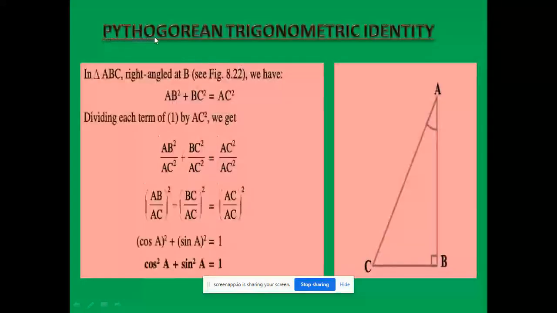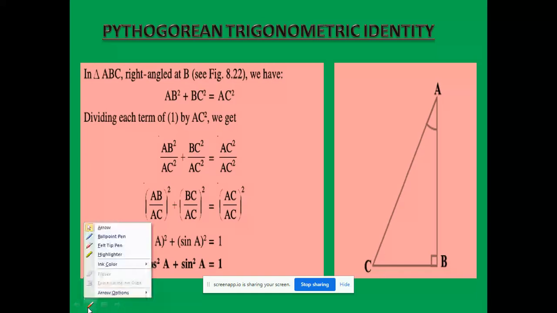Now, let us discuss the Pythagorean trigonometric identities. That is new to learn. So, take a right angle triangle ABC. If you take this right angle triangle ABC, angle A and angle C are acute angles and B is the right angle. As per Pythagoras statement, hypotenuse square. So here I will write the names.